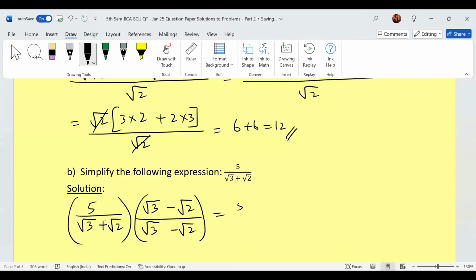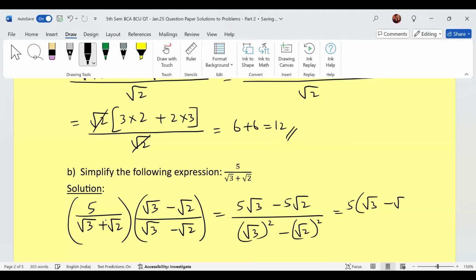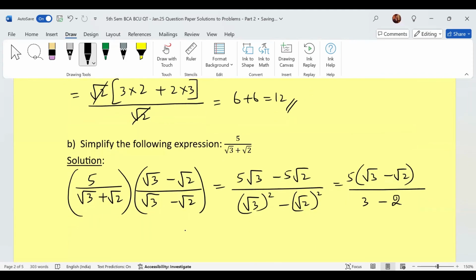This will become 5 root 3 minus 5 root 2 divided by, this is like a plus b into a minus b, it becomes a square minus b square. So this will become now 5 times root 3 minus root 2 divided by root 3, the square will become 3, root 2, the square will become 2. So 3 minus 2, that is only 1. So we can simply write the numerator as 5 root 3 minus root 2.